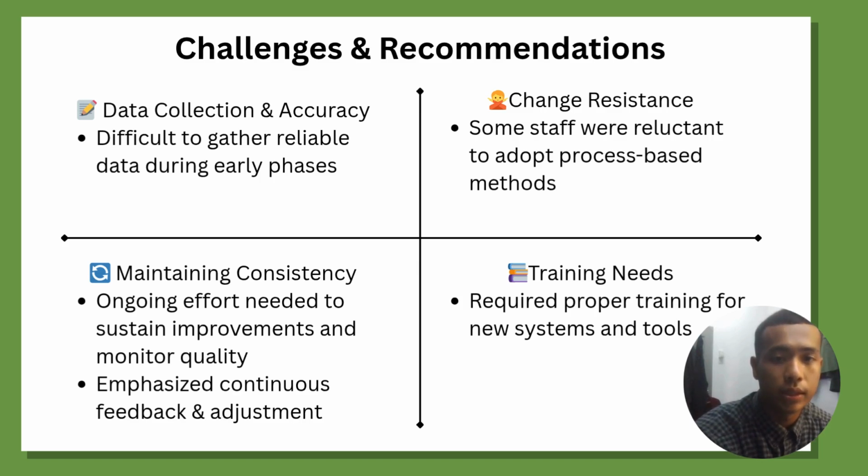However, for change resistance, we can say some staff were reluctant to adopt the process-based method. And then maintaining consistency, ongoing effort is needed to sustain improvement and monitor quality. Emphasize continuous feedback and adjustment. The last one is training need. Our workers require proper training for the new system and tools.